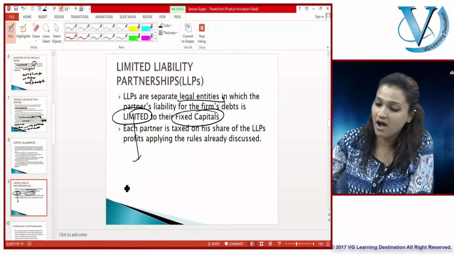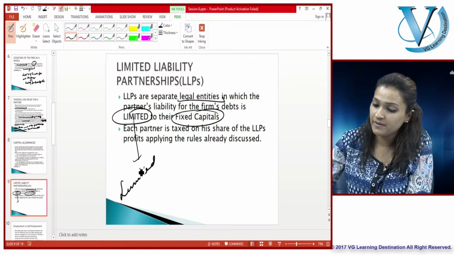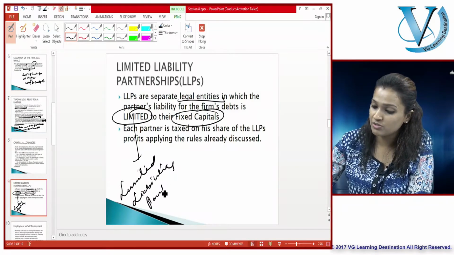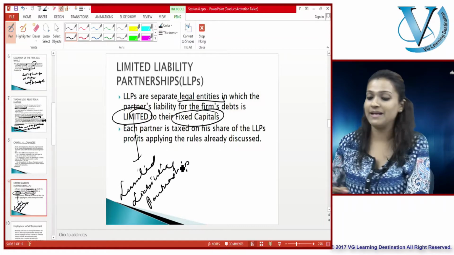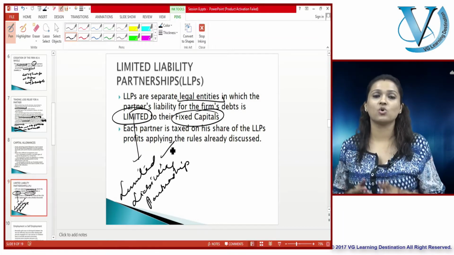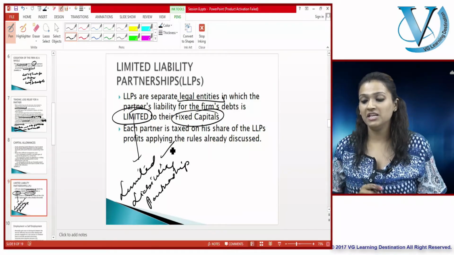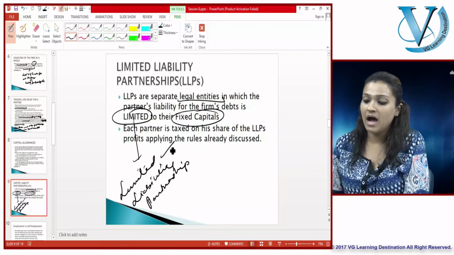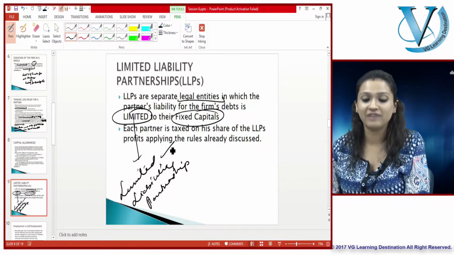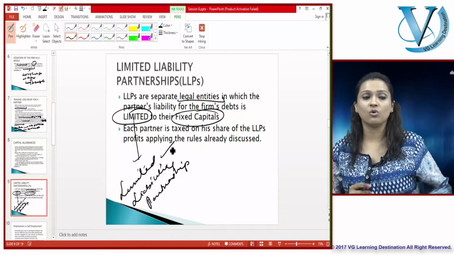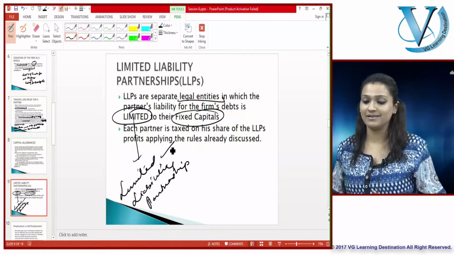Why? Because these are limited liability partnerships. So the liability is limited to whatever ratio has been defined above. Each partner is thereafter taxed on his share of the LLP profits, applying the rules which we have already discussed. So the same rules follow which are going to be there for the partners as well.